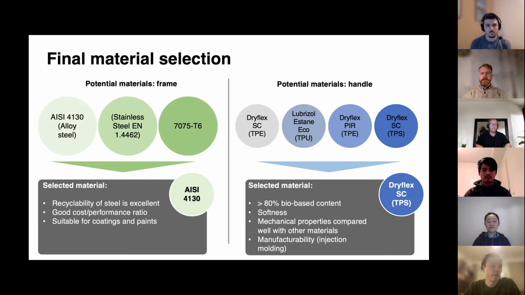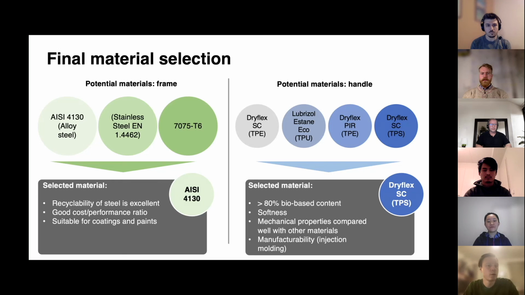And after comparing these materials more carefully, we came to the conclusion that for the frame, alloy steel AISI 4130 would be our preferred choice for the following reasons. Recyclability of steel is excellent.